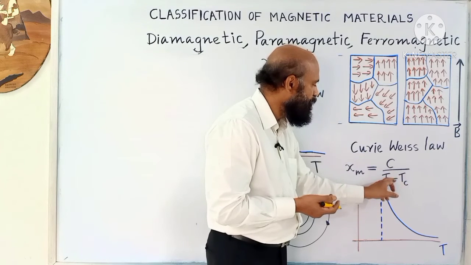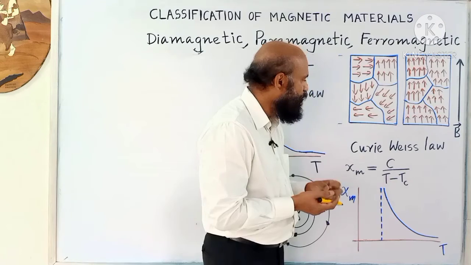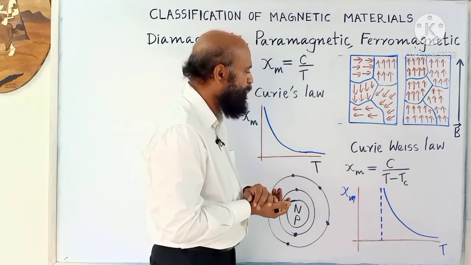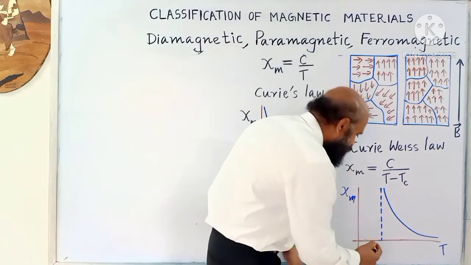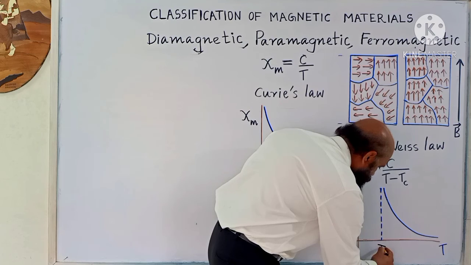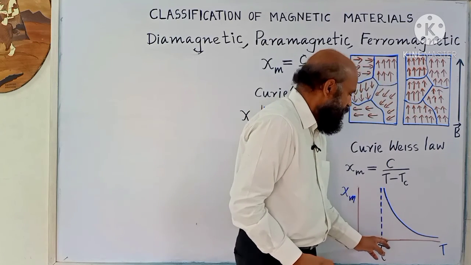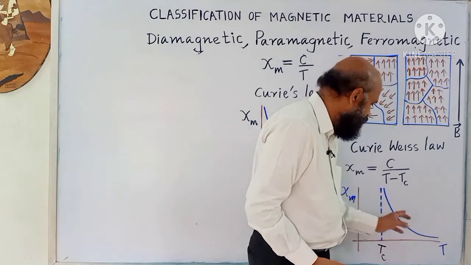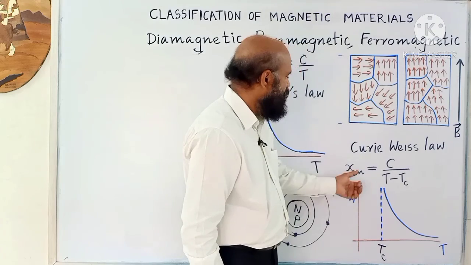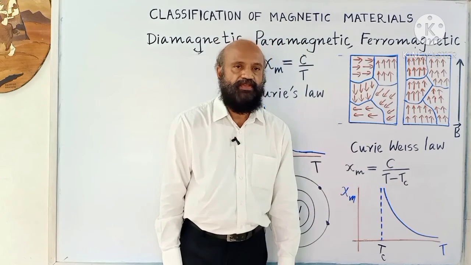This Tc is the Curie temperature, the temperature at which ferromagnetic material will become paramagnetic material. Above Curie temperature, this is the relation. As the temperature increases, susceptibility is going on decreasing. This relation is Curie-Weiss law. Thank you for watching.